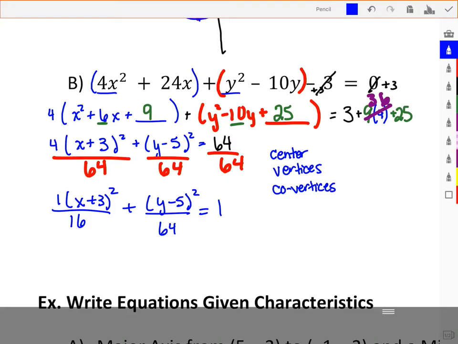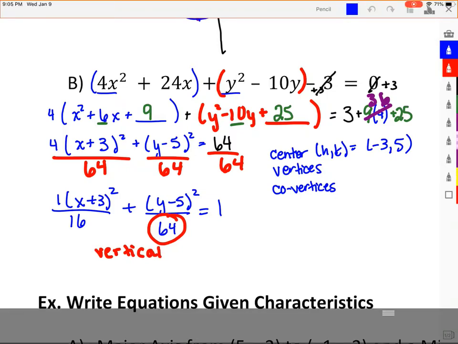Okay, the center is still (h, k). So in this case, that's going to be (-3, 5). We just switch the signs of what's with our x and our y. This time, because the 64 is under the y, that means that this is vertical. So our vertices will be (h, k plus or minus a).